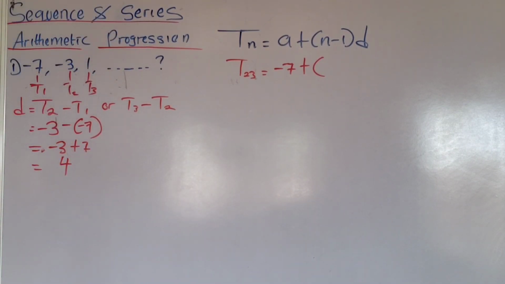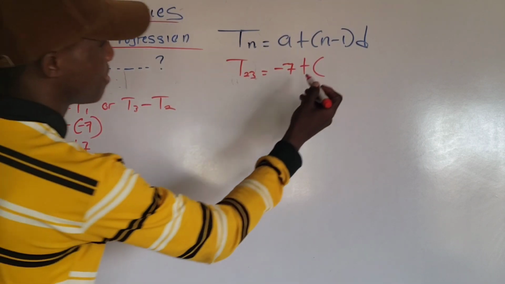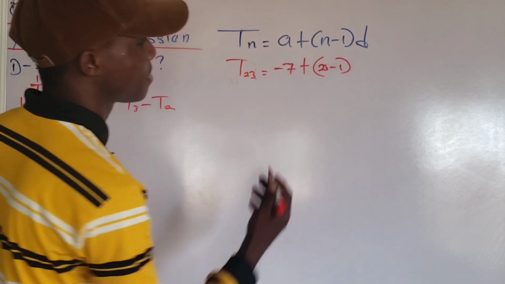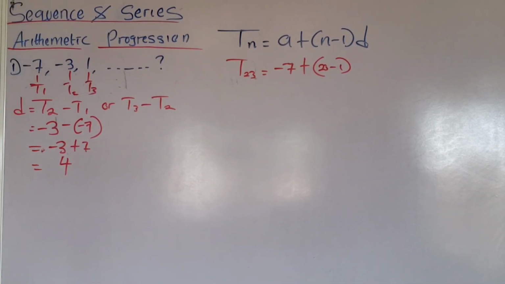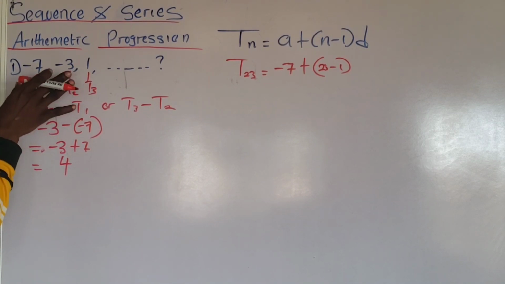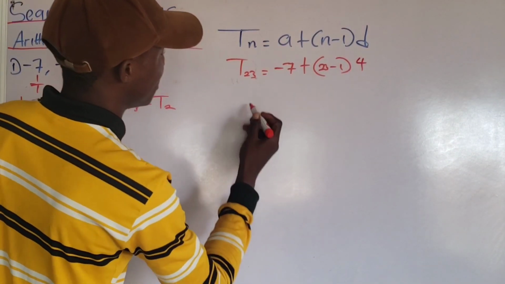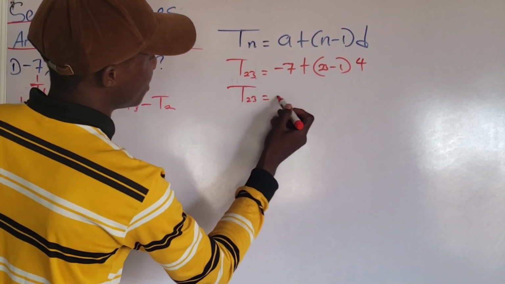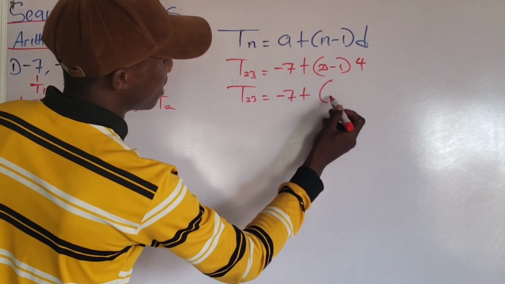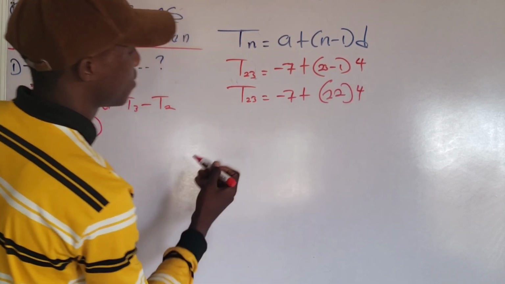You know that n is 23. So 23 minus 1 multiplied by d. The common difference of this AP is 4. So I'm going to have -7 plus 22 multiplied by 4.